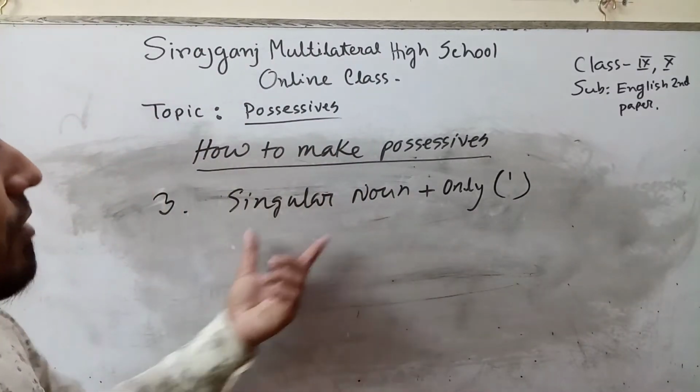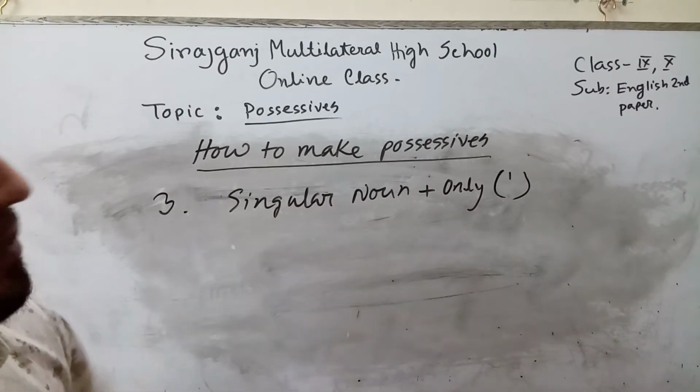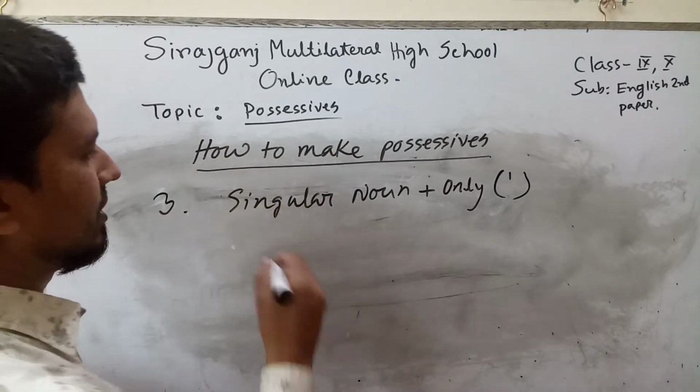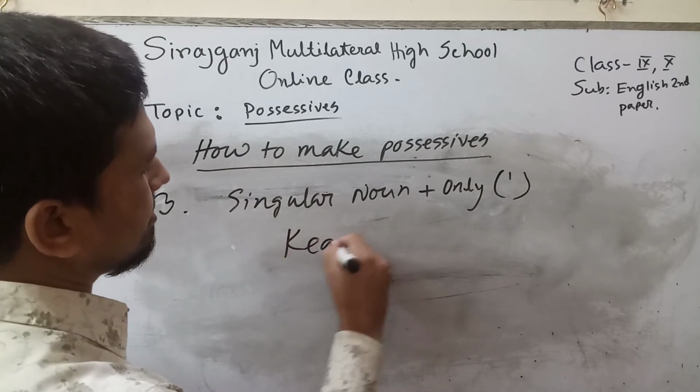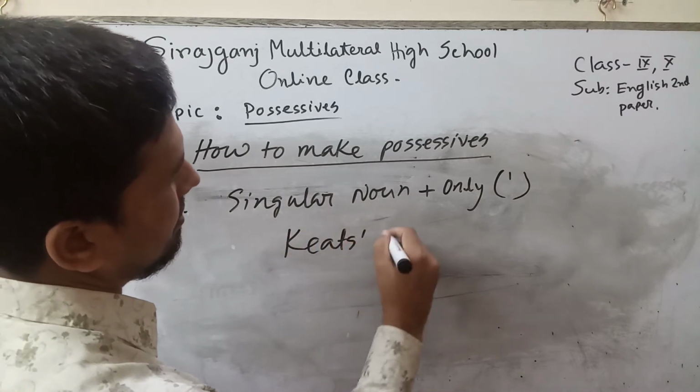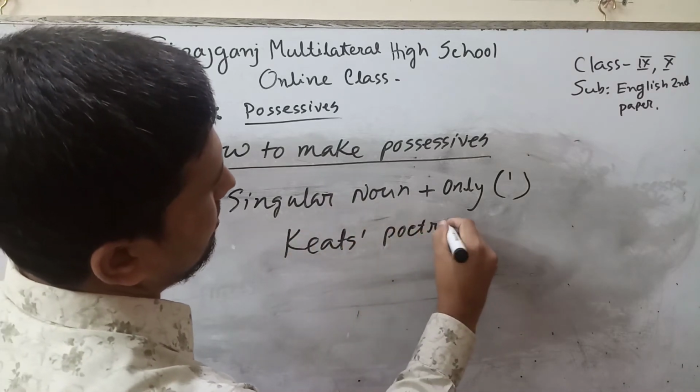How? Singular noun, but it takes only apostrophe to make possessive. This is kids' poetry.